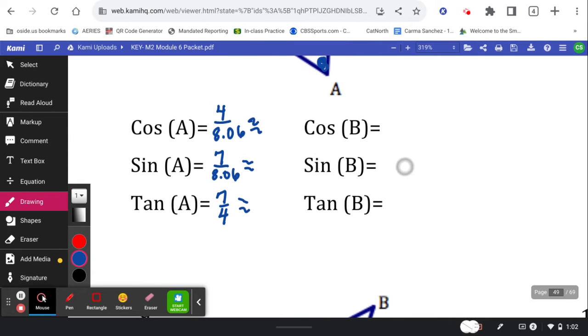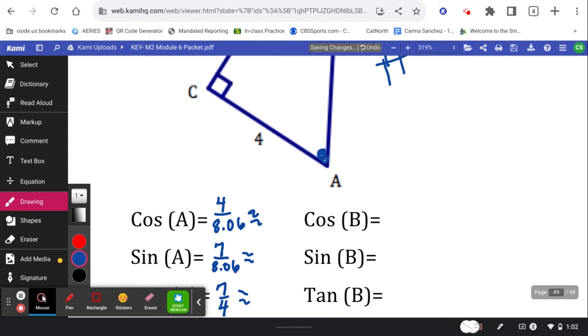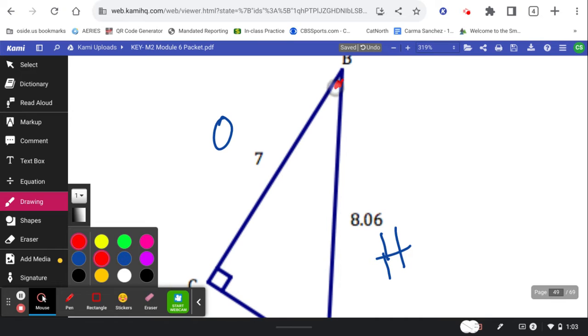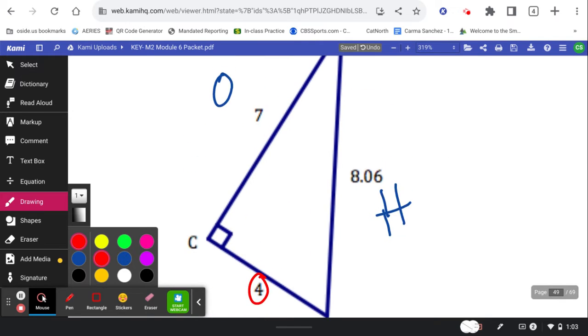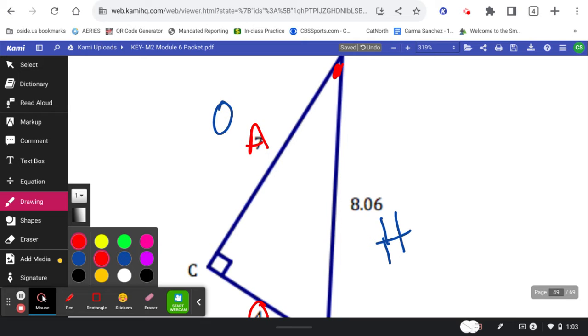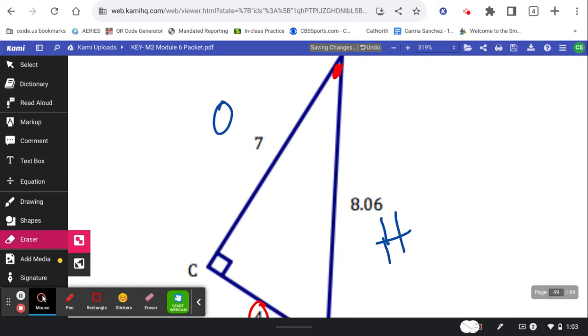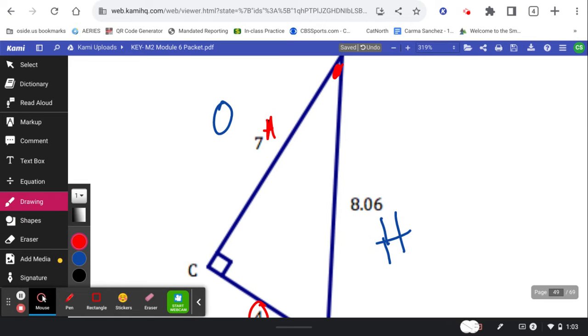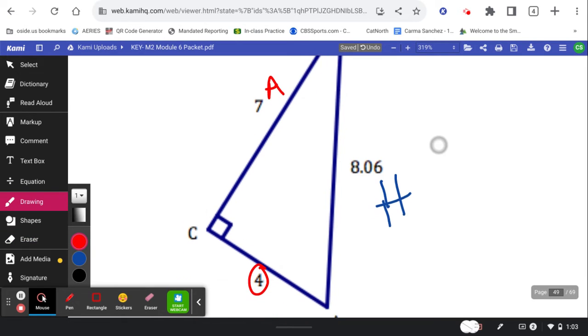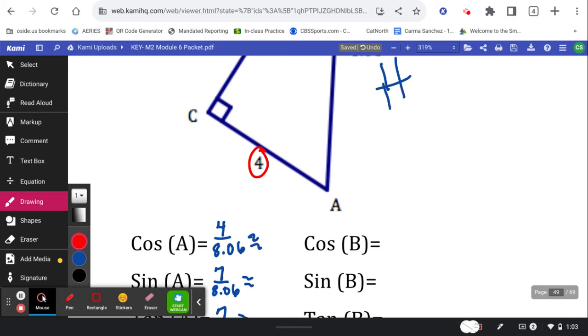Okay, now we're going to be switching our reference angle to reference B. So this time if I'm standing here, then my opposite is going to be the 4, and my adjacent is going to be the 7. And the hypotenuse is always the hypotenuse.